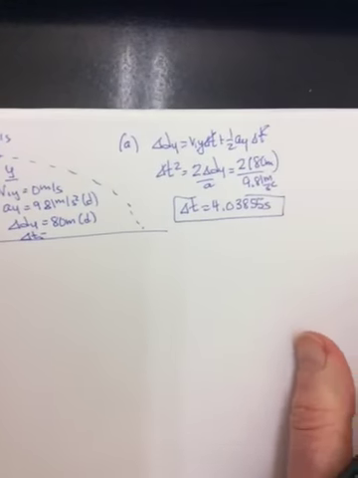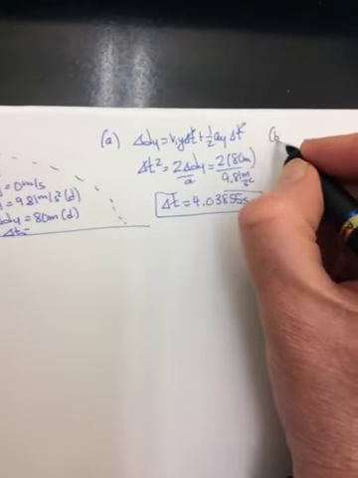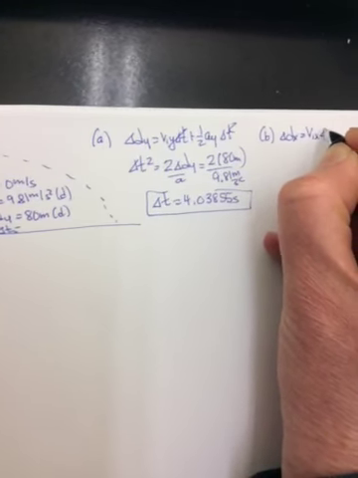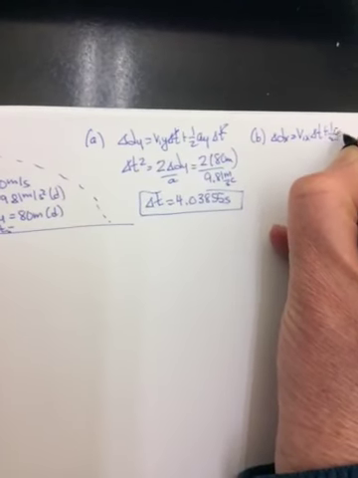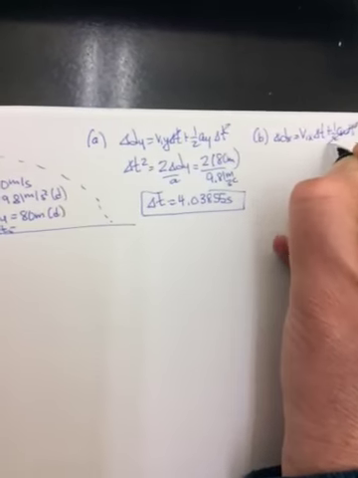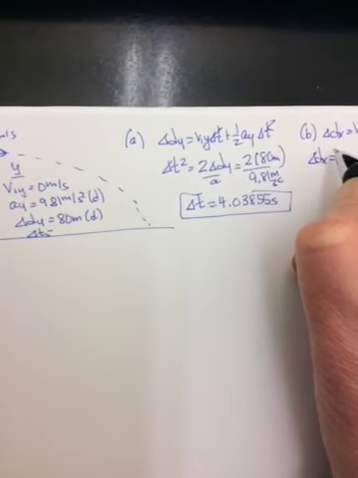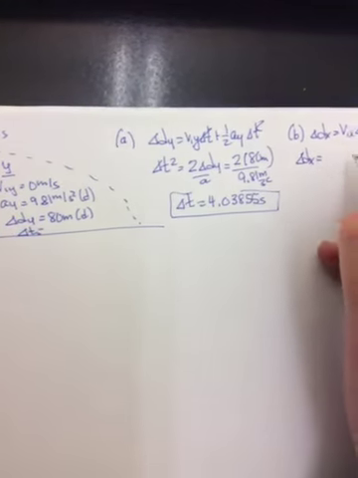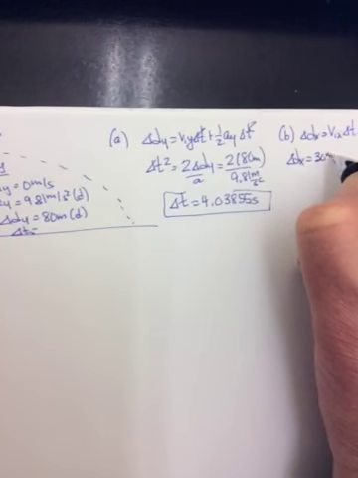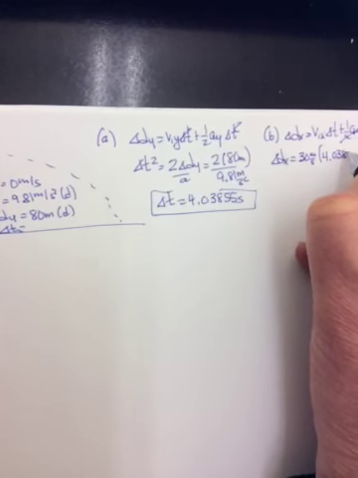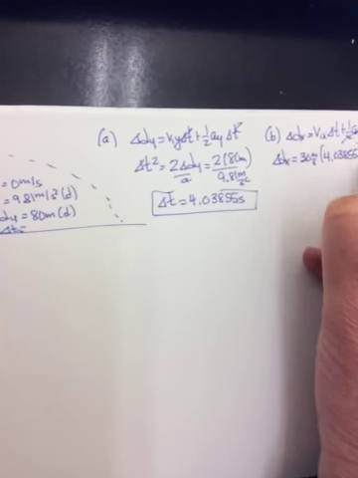All right, once you find that, then part B should be pretty straightforward. It wants to know how far away, so you're looking for delta dx. And it's equal to Vix delta t plus 1/2 ax delta t squared, but of course the ax goes to 0. It told us it was thrown with an initial velocity of 30 meters per second, and we just found the time to be 4.03855 seconds.